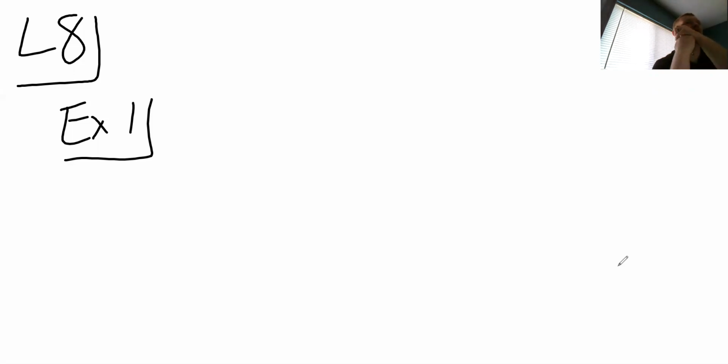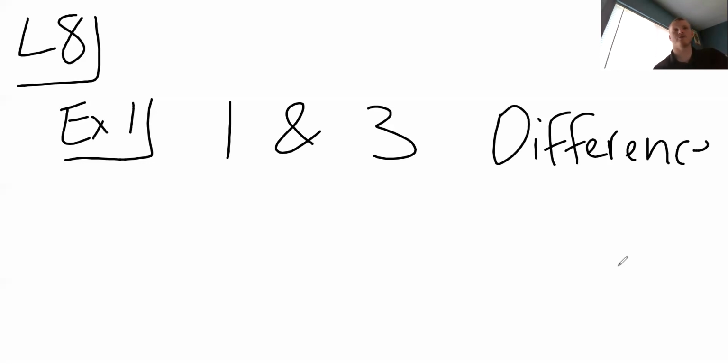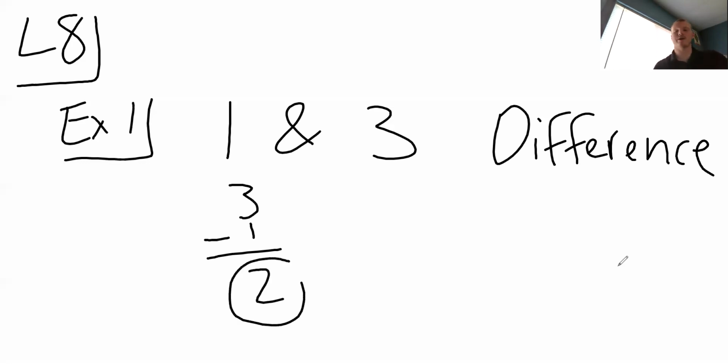The difference means you're doing subtraction because you want to know what is in between them. So you're going to take 3 minus 1, which is going to be what, Evan? 2. So the difference of 1 and 3 is going to be 2.